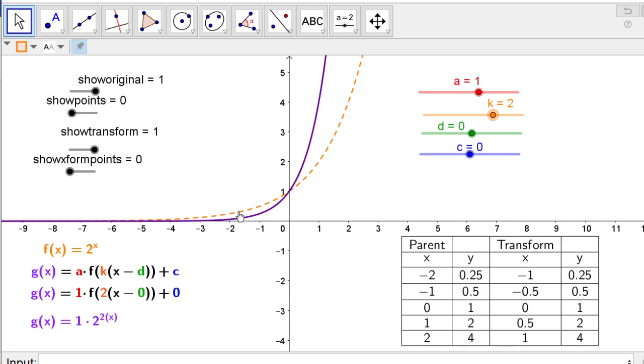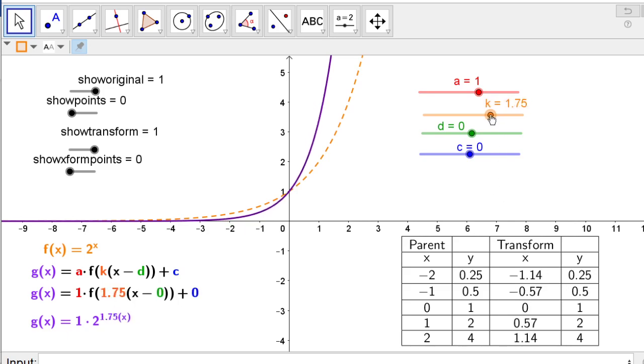The point that used to be here gets squished into here, right? And so what you're actually looking at here is not a vertical change, but a horizontal change. Look at the y values. The y values haven't moved. The x values have all been compressed by a factor of 1/2. So 2 becomes 1, 1 becomes 0.5, 0 remains unchanged, -1 becomes -0.5, and so on.